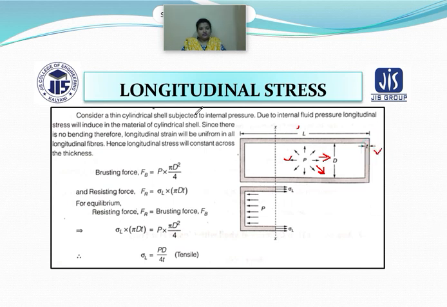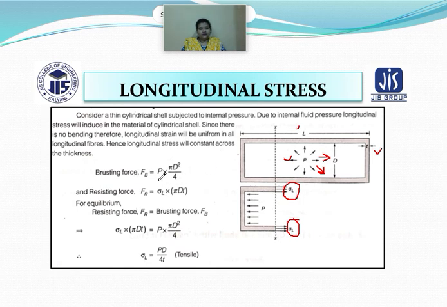In the case of longitudinal stress, you take a cross section of this cylinder through XX. Longitudinal stress will be developed in this particular portion, which is denoted by sigma L. This is your longitudinal stress. So what is the bursting force equation?